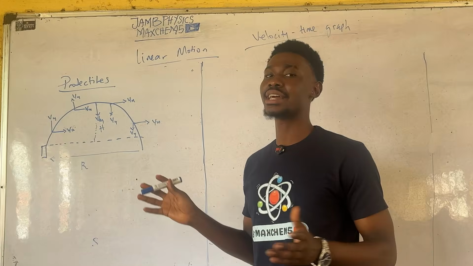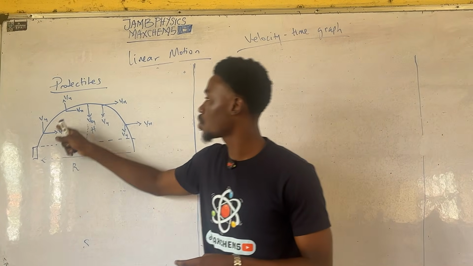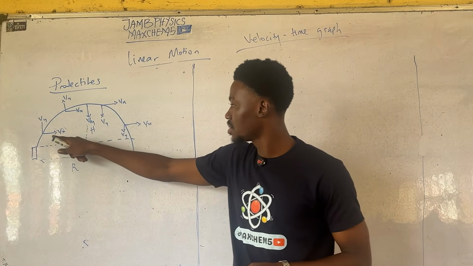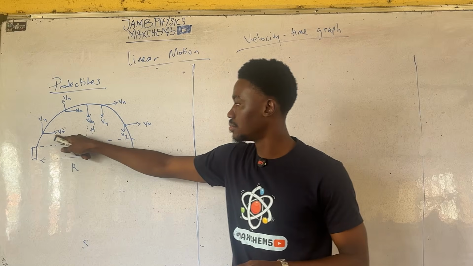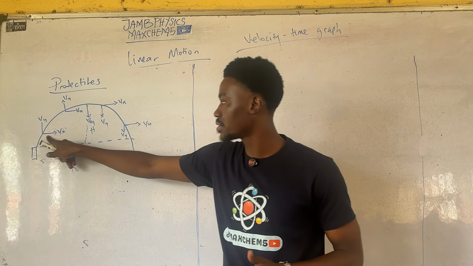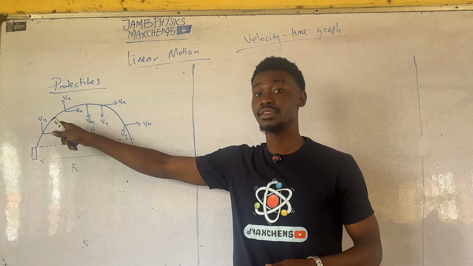And there's a very important concept to take note of when we start solving questions. Notice how, as I throw the stone from the cliff and it lands here, the horizontal component of the stone does not change throughout flight. Throughout its flight, the horizontal velocity remains the same, but the vertical velocity of the stone changes due to gravity.